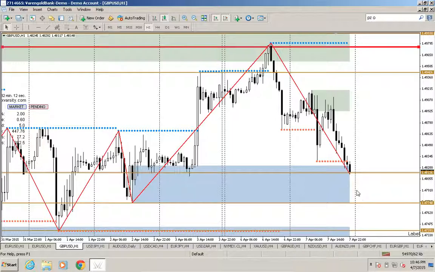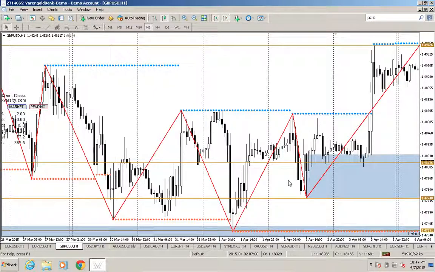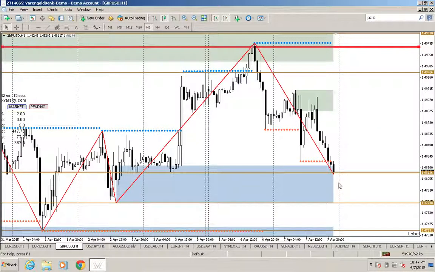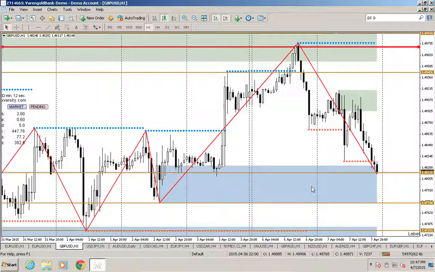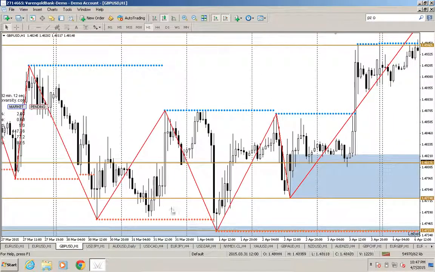So if we form a hammer over here, or a bullish engulfing or a morning star, or any of the candle informations that we use, that would signal us to buy, because it will be at a C, which is a higher low, and it would be trend and candle information.